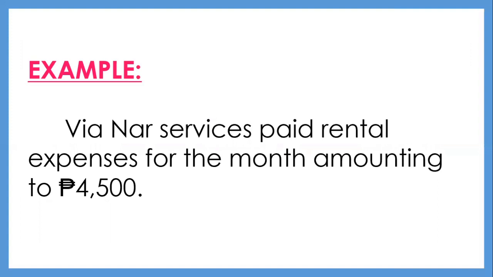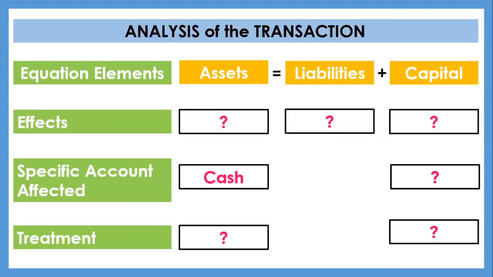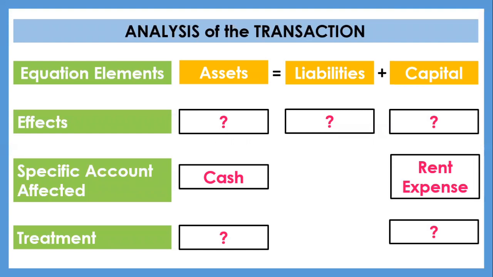Like I said earlier, it is in order for us to determine the specific accounts involved. If we try to comprehend the problem, there are actually 2 accounts involved. First, we have cash, and second, we have rent expense or rental expense. Why cash?